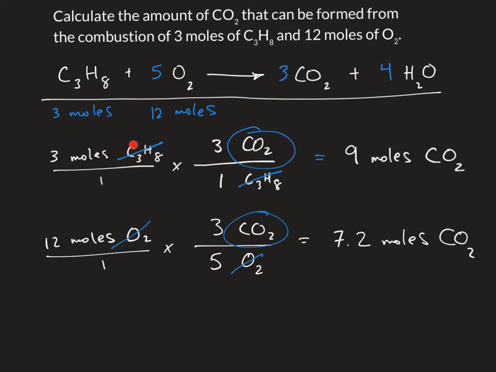With the 3 moles of propane that we have, in theory, we could make up to 9 moles of CO2. But we don't have enough oxygen to do that. As a result, oxygen is going to be our limiting reagent, and the most we can make of CO2 is 7.2 moles.